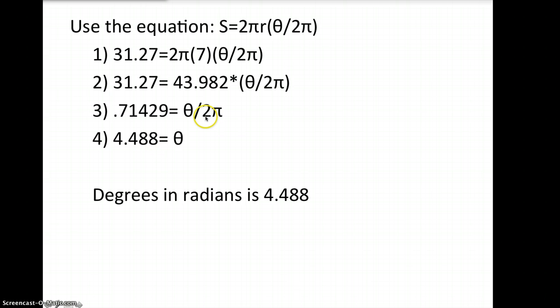Then we're going to multiply by 2 pi on either side, so that it cancels from the denominator on the right side and becomes 4.488 on the left side. So that is theta. The angle in radians is 4.488.